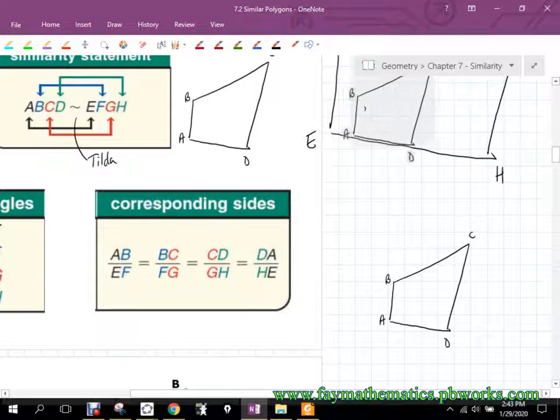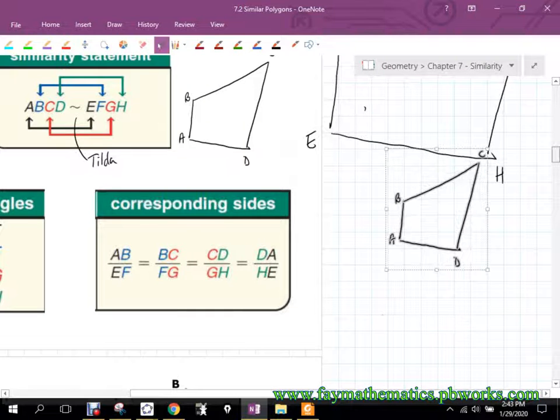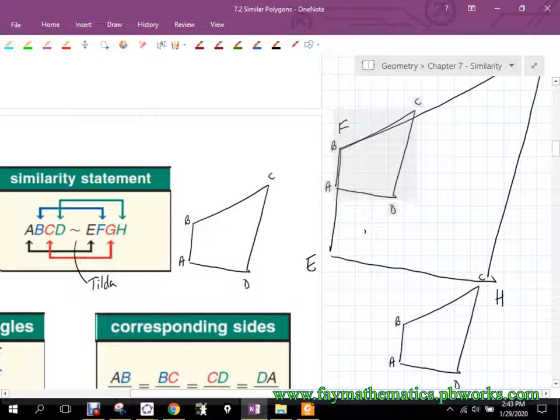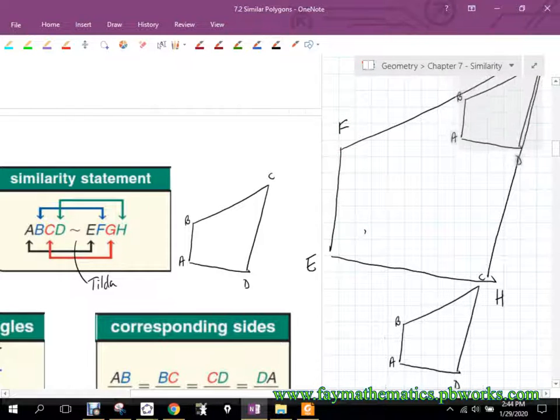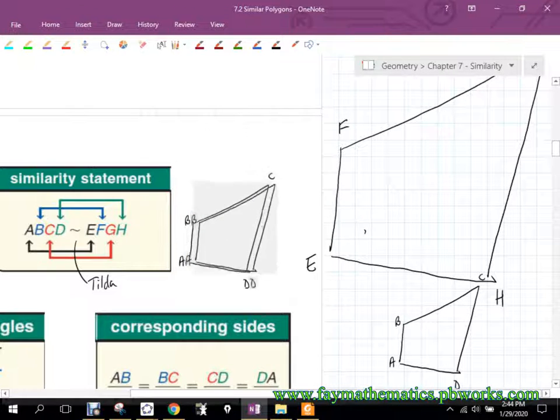Does that make sense? Are D and H congruent? Are B and F congruent? And I think you could probably argue that C and G have to be congruent.